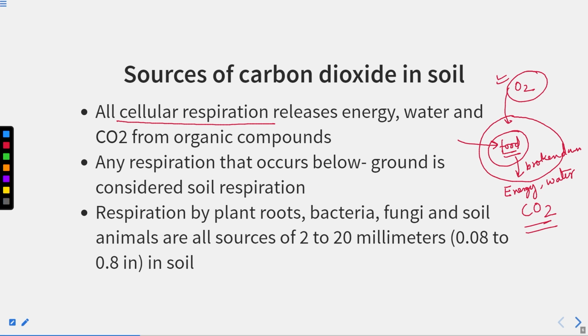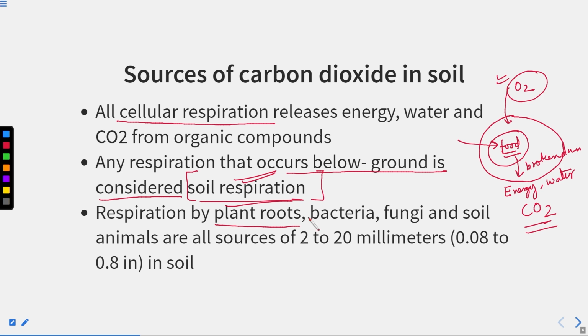Any respiration that occurs below ground is considered soil respiration, whether it is by higher plants, by microorganisms, or by the fauna present in the soil.